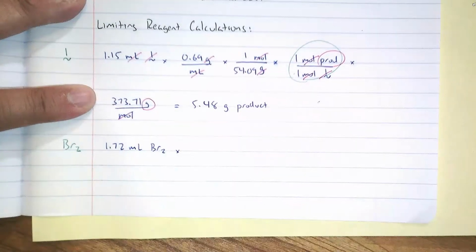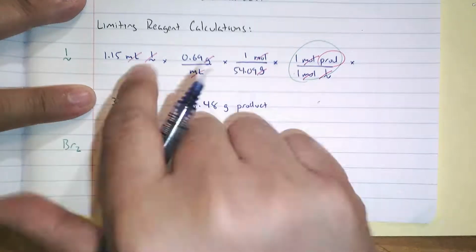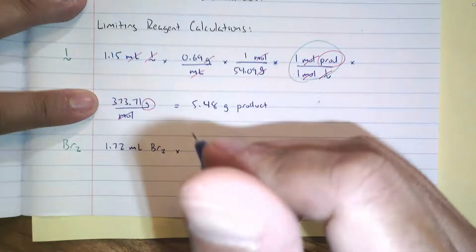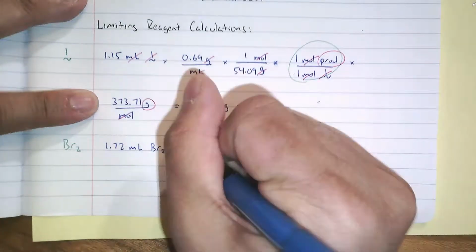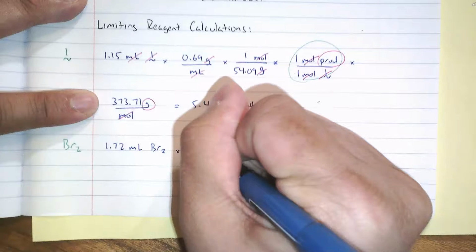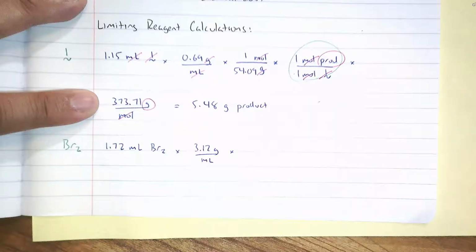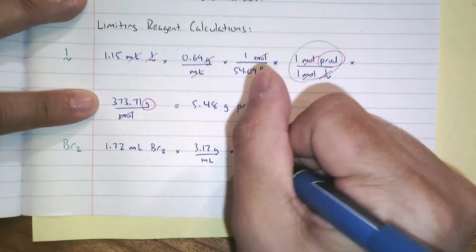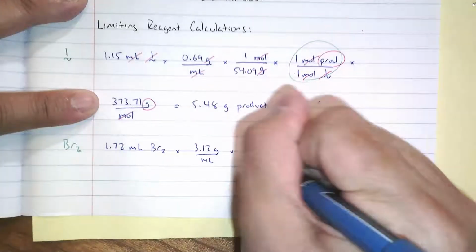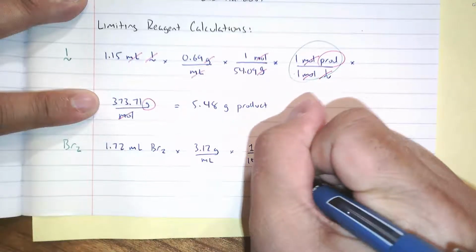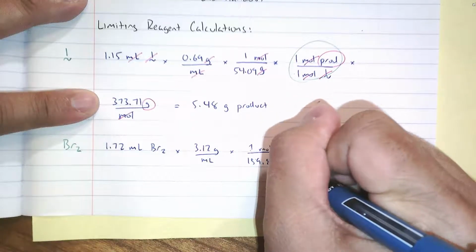I think when you're first learning this, it's important that you literally cross out the units that cancel. Okay. But I have 3.12 grams per milliliter density. And then you take the inverse of the molecular weight, grams.